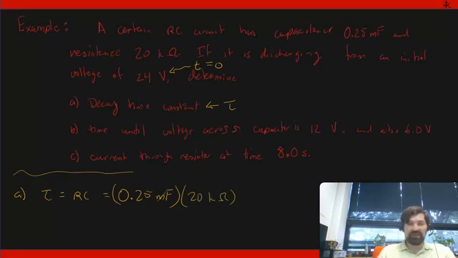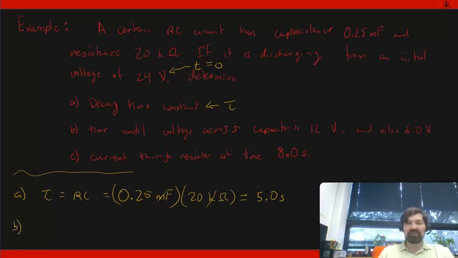Now milli and kilo are opposite prefixes, so they cancel. What's left is 0.25 times 20 farad times ohm. Farad times ohm is seconds. So 20 times 0.25 is 5.0 seconds. So that's your decay time constant.